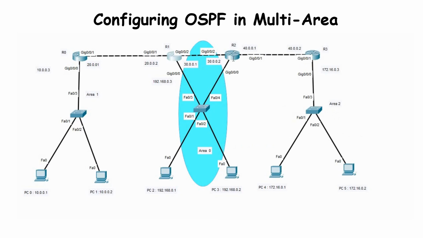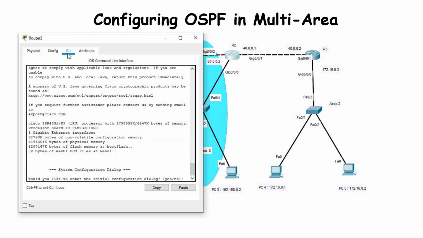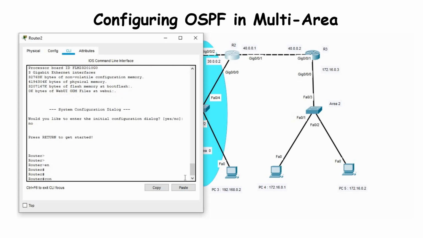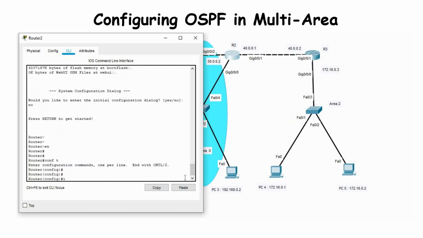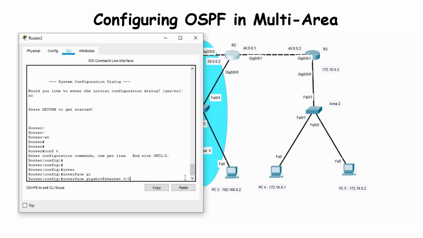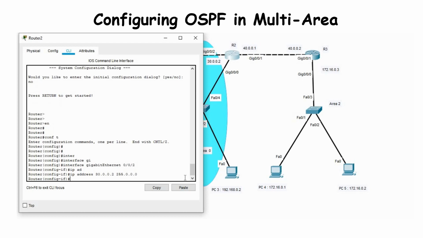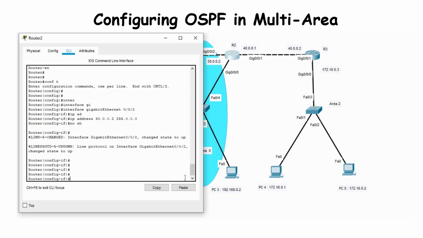Now we'll go to router R2. R2 has 3 interfaces, but we are using only 2 interfaces. Enable mode, configuration mode, then interface gigabit 0/0/2, IP address of 30.0.0.2 with default subnet mask, no shut to bring up the interface.